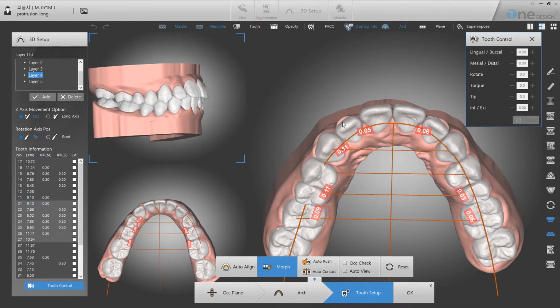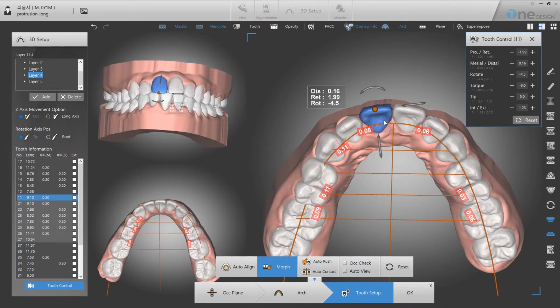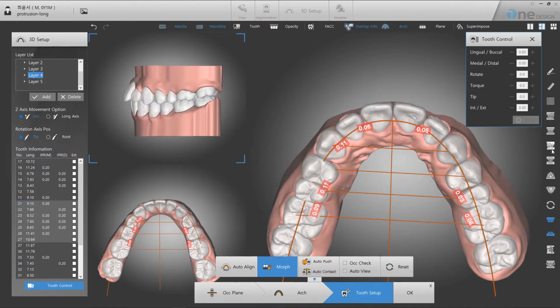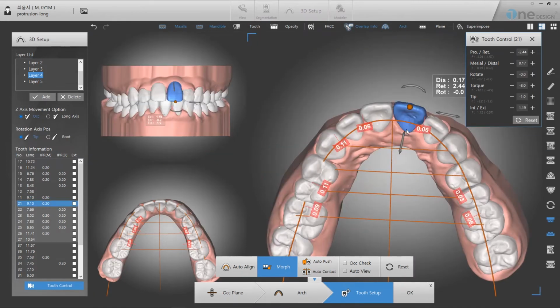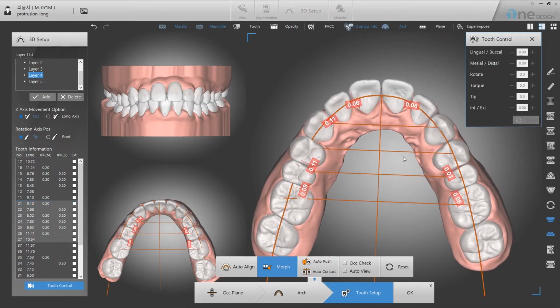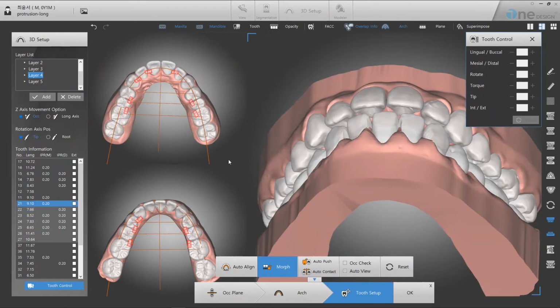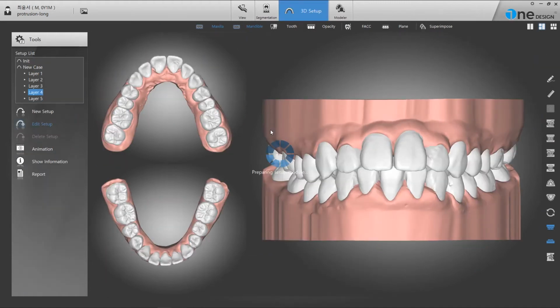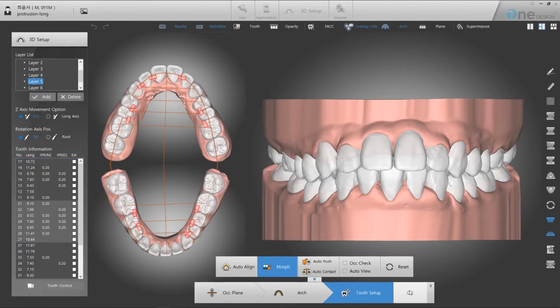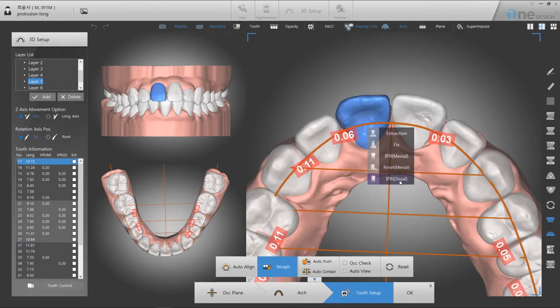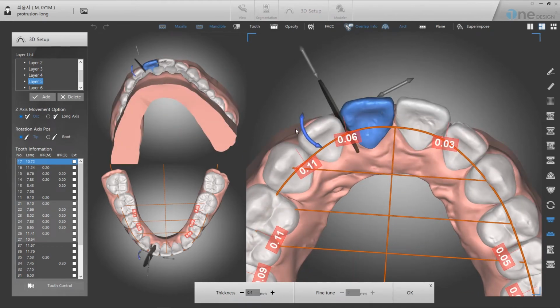When resolving protrusion, you must check the amount of overjet and overbite from the side. There is still a lot of overjet.